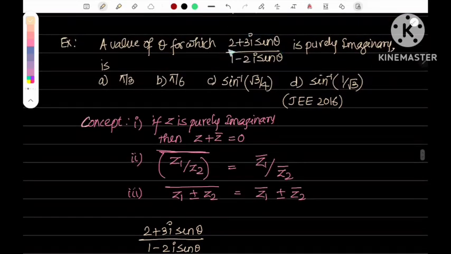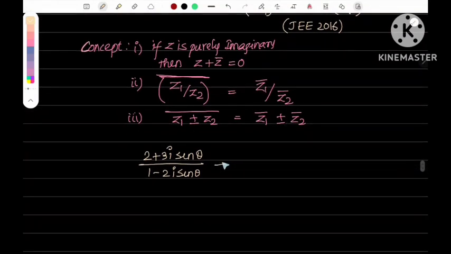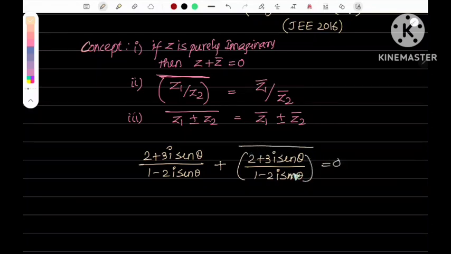If z is purely imaginary, then the complex number z plus the conjugate of that complex number will be equal to 0. So (2 plus 3i sin theta) divided by (1 minus 2i sin theta) plus the whole bar will be equal to 0.